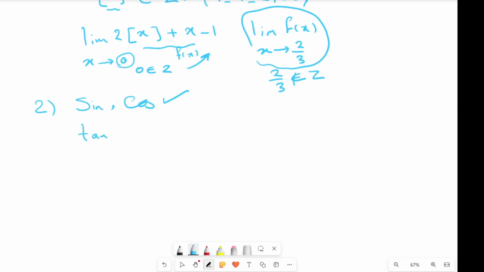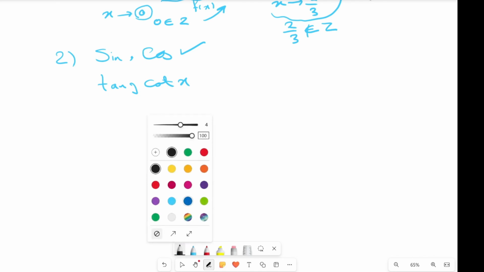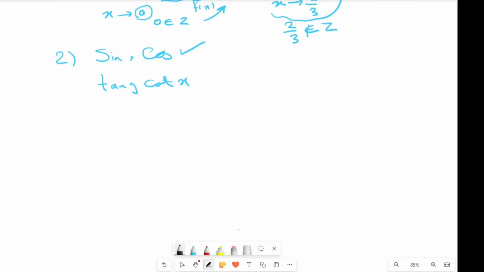But tangent and cotangent are not continuous in all the domain, and in those places they have a problem. For tangent, the points where it has a problem are pi over 2, also minus and positive, 3 pi over 2, positive and minus, and odd multiples of pi over 2. But cotangent has problems at 0, positive and minus pi, positive and minus 2 pi, and so on.